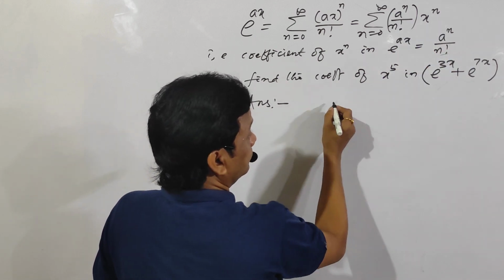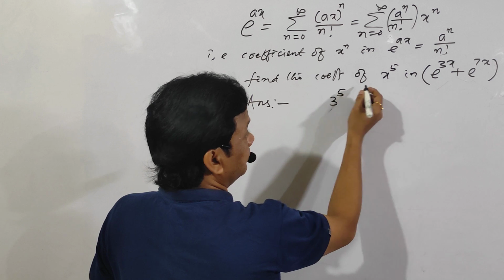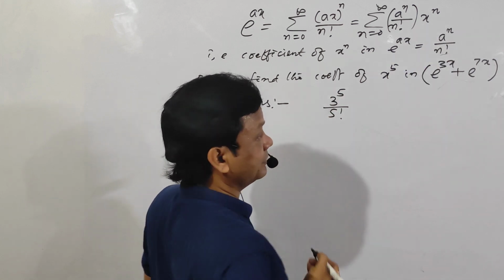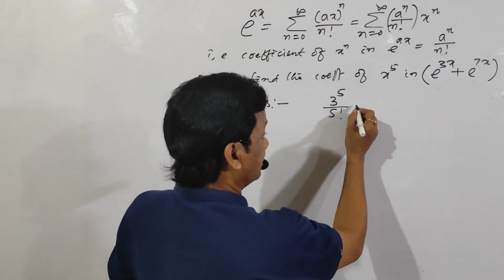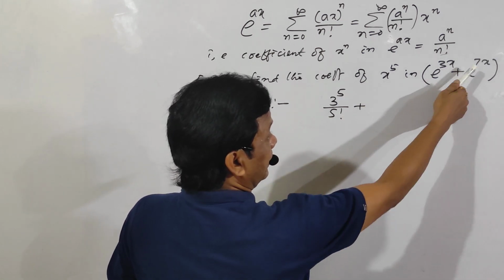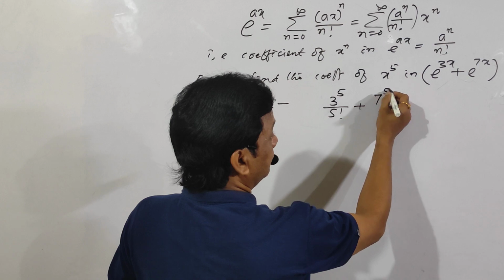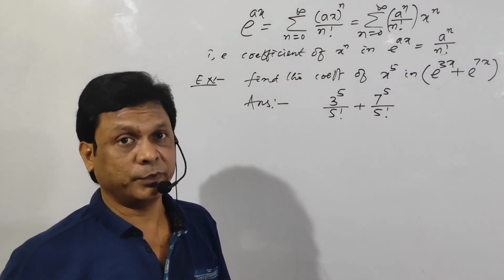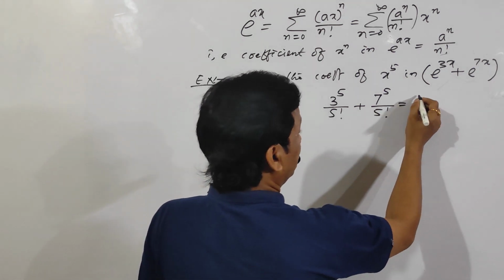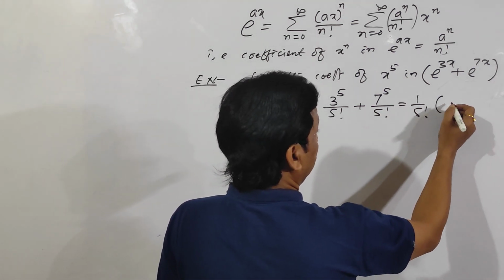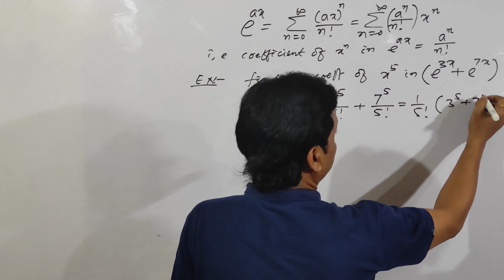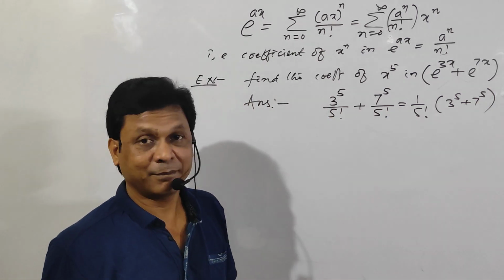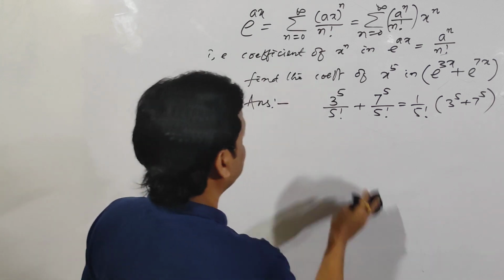So 3 to the power 5 divided by factorial 5. First one. Then plus this one, a is 7, 7 to the 5 divided by factorial 5. So you can take common 1 by factorial 5. So you will get 1 by factorial 5 into (3 to the power 5 plus 7 to the power 5). So this is the answer. Okay, another question.